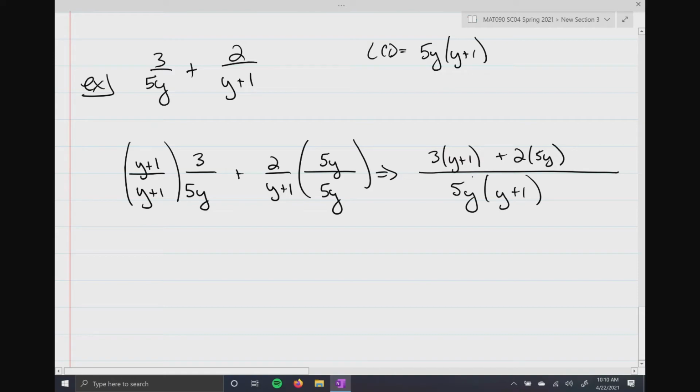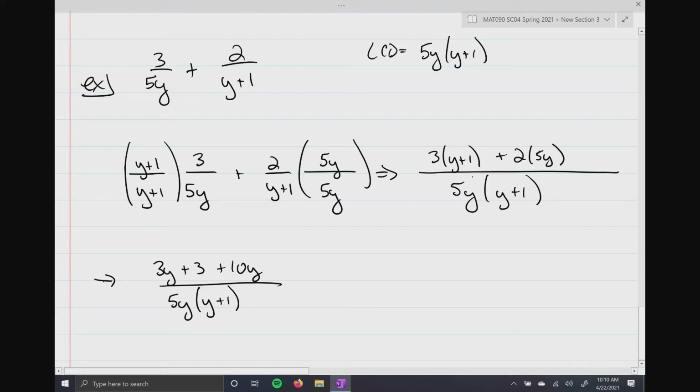From here, it's just a matter of simplifying the numerator. That's it. I don't have to worry about distributing a minus sign because I don't have a minus sign. So that's good. So I get 3y plus 3 plus 10y in my numerator. My denominator, I leave it factored. Because remember, eventually you're going to simplify if possible.